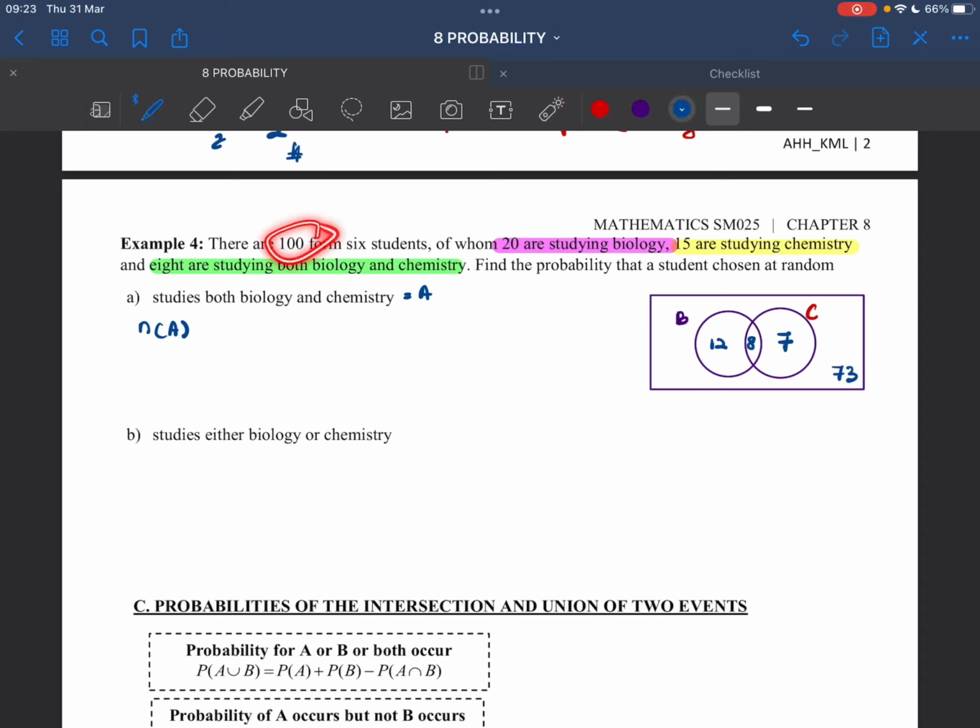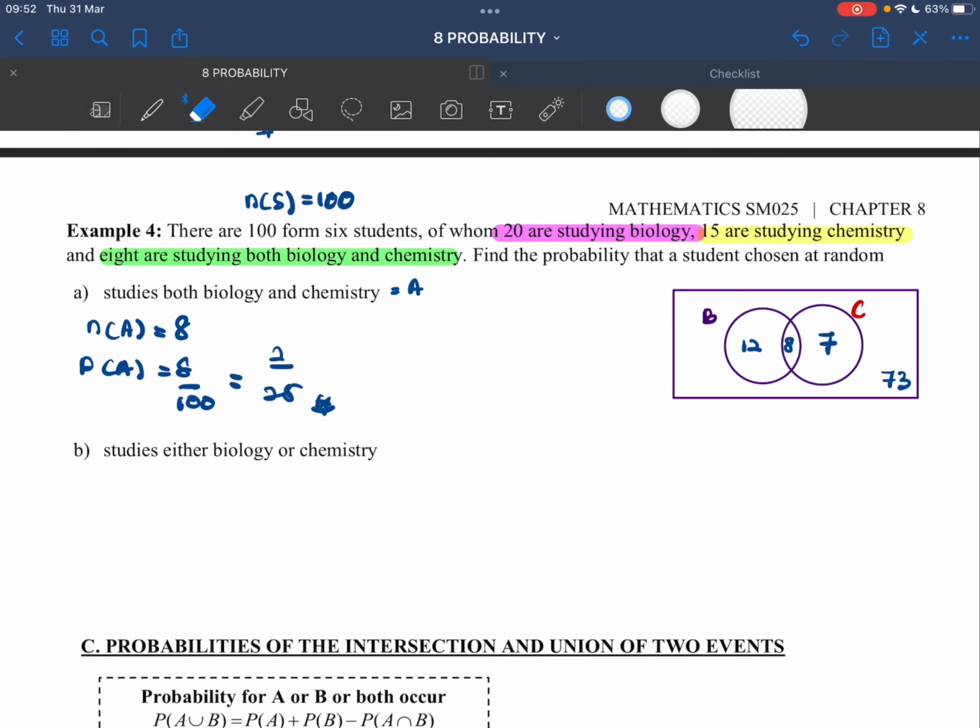Obviously, you have 100 students, so the sample space is 100. How many students study both biology and chemistry? In the center here, which is 8. So the probability of A is just 8 over 100. Make sure you simplify that, you'll get 2 over 25. Very straightforward. Okay, next example.